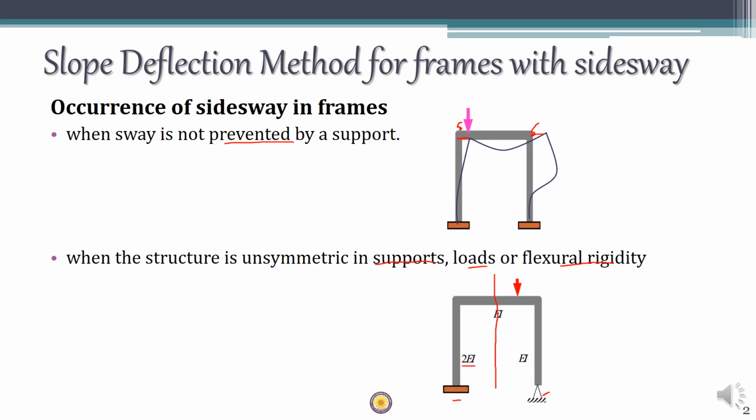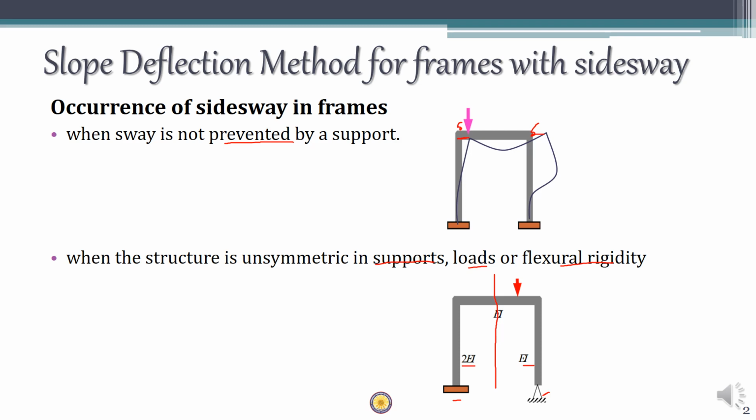This member has 2EI flexural rigidity and this member has EI flexural rigidity. This again means it is unsymmetric in flexural rigidity. And if you see the loading position, the left panel has no load, however the right panel has some load, which means this is an unsymmetric loading as well. So any of these three conditions can also lead to a side sway.